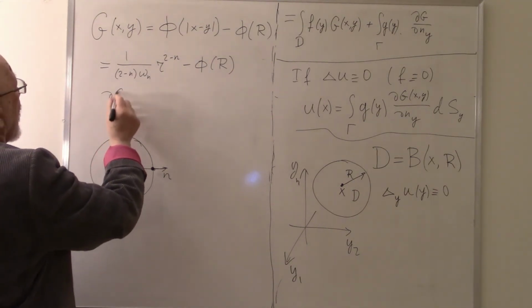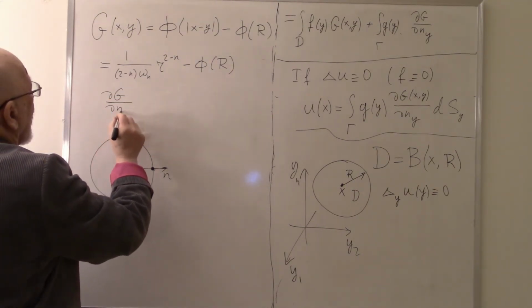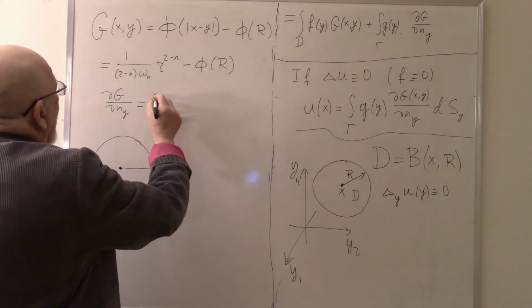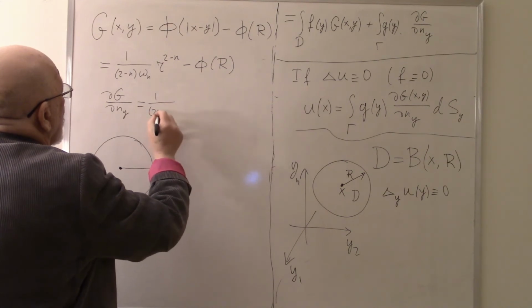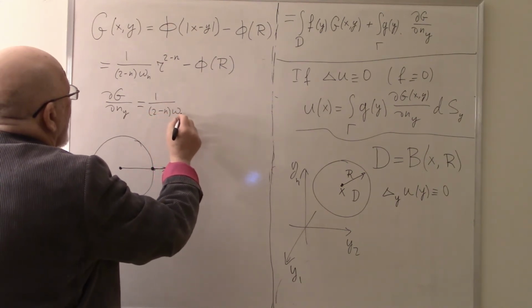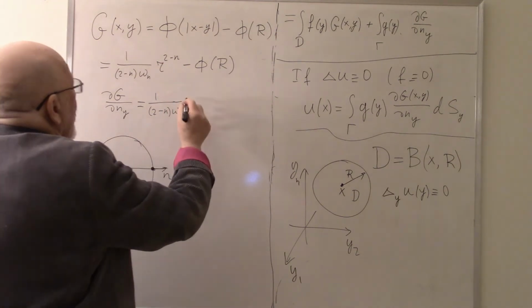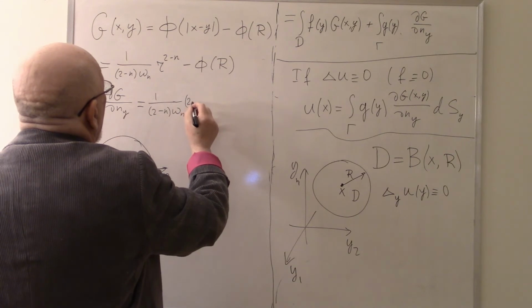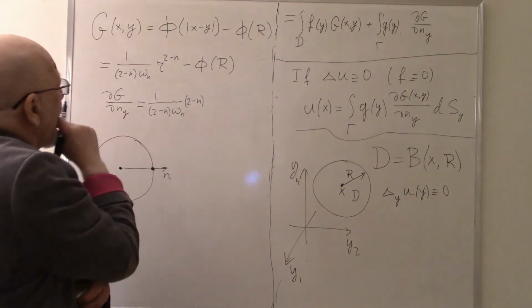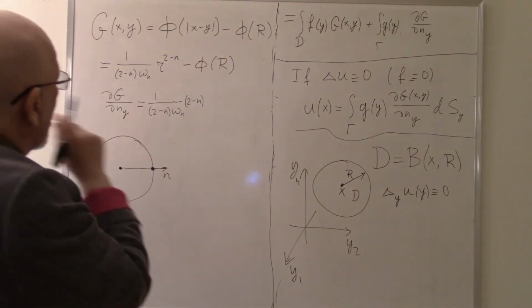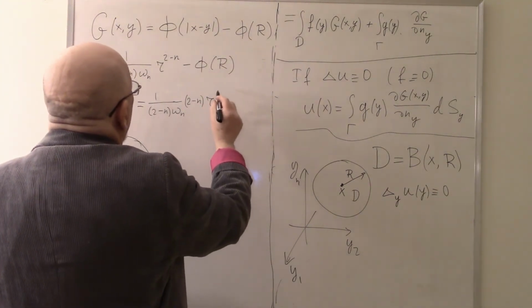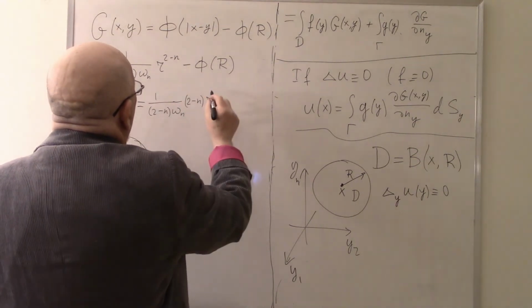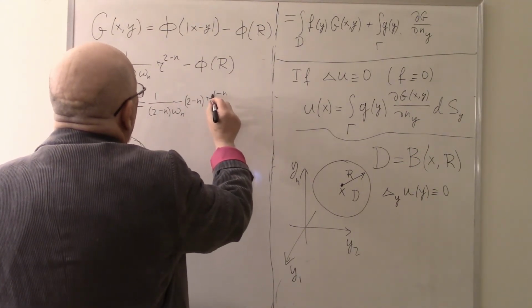So dg d n y equals 1 over 2 minus n omega n times 2 minus n, r to the power 2 minus 1 minus n.